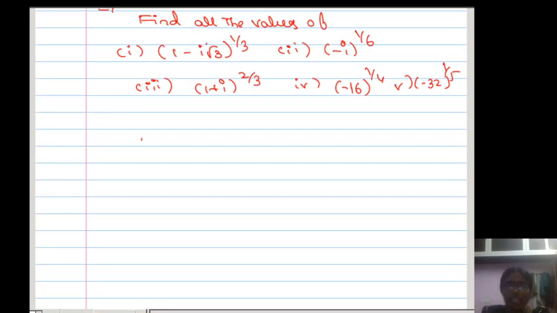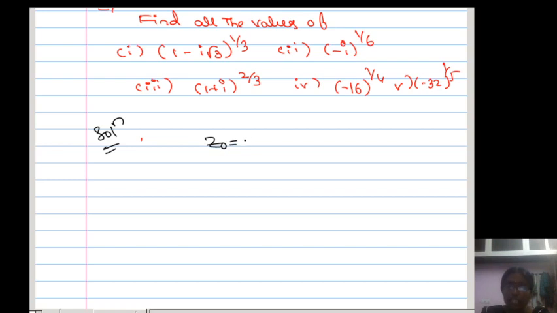Already in the previous session we discussed one theorem: how to find the nth root of a complex number. So let us recollect that concept, then I will use it in all the problems. For example, I want to find the nth root of a complex number z naught.